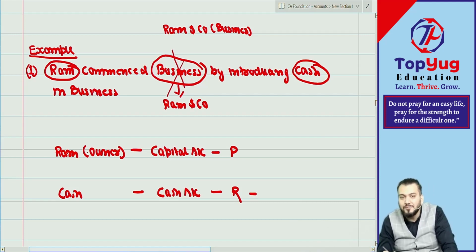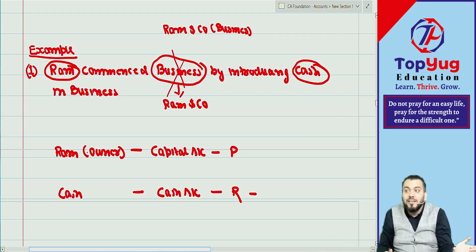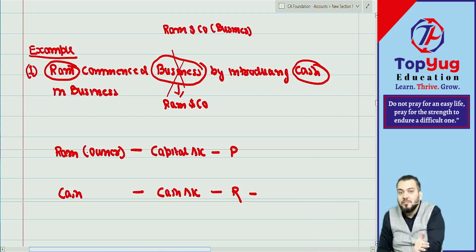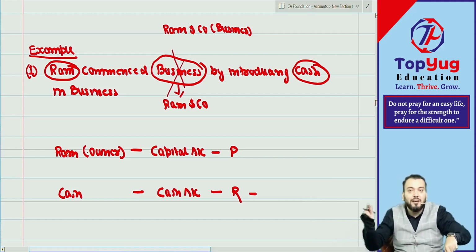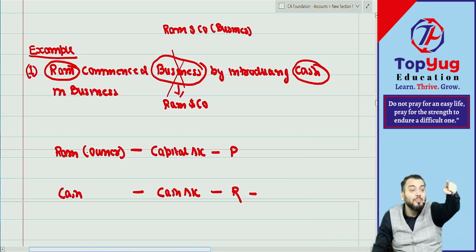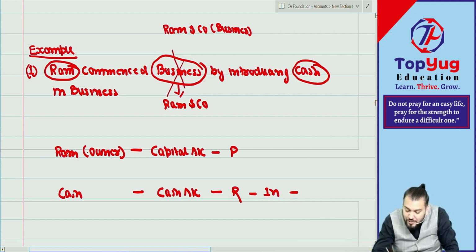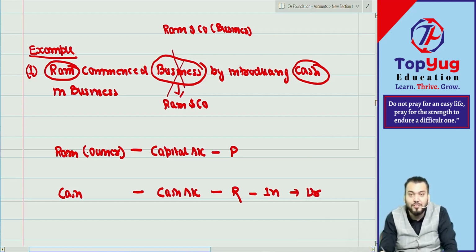Debit what comes in. But is the cash coming in or going out? From Ram we are doing accounting of Ram or Ram and Company? Ram and Company. So we'll not think from Ram's point of view, we'll think from Ram and Company's point of view. Understood? So it is coming in, which means debited.